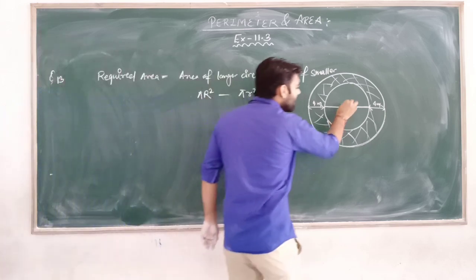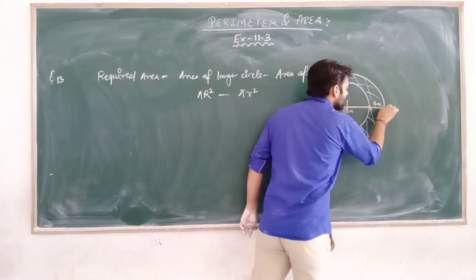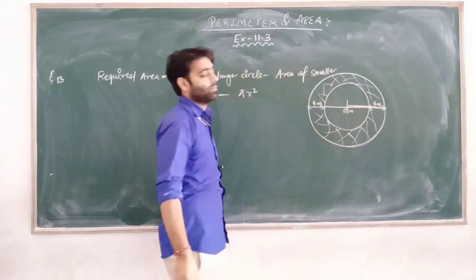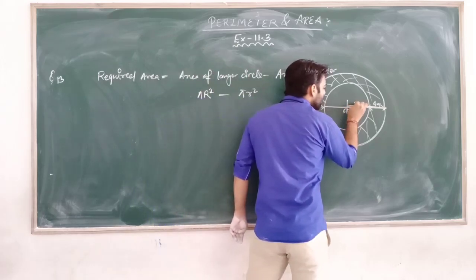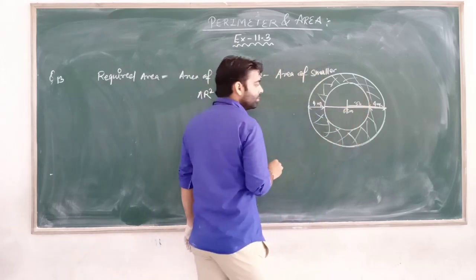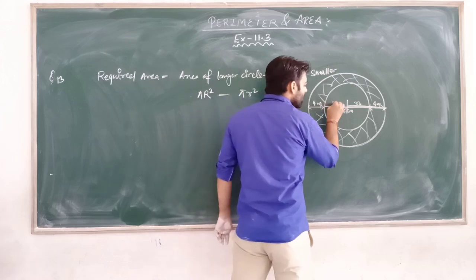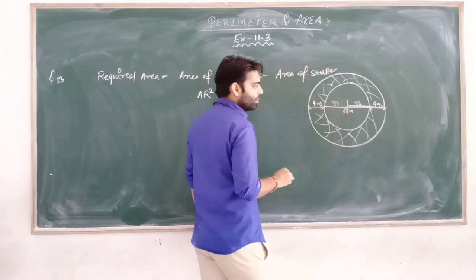What will be the radius of the larger circle? From the center, this will be equal to 33, and this will also be equal to 33.